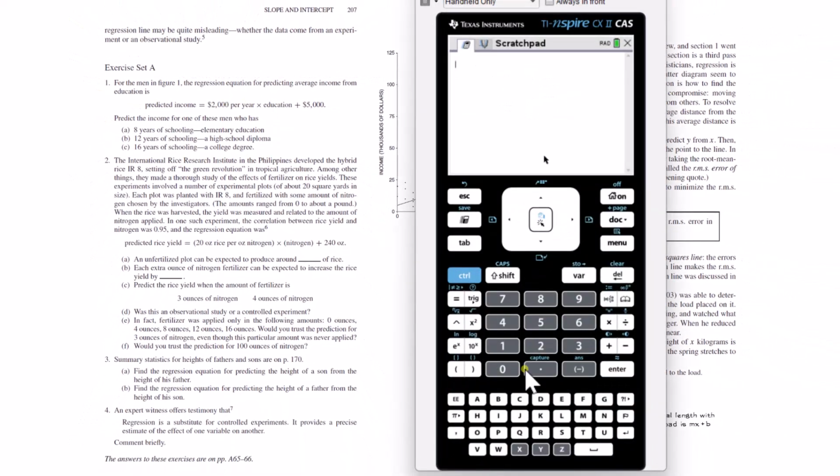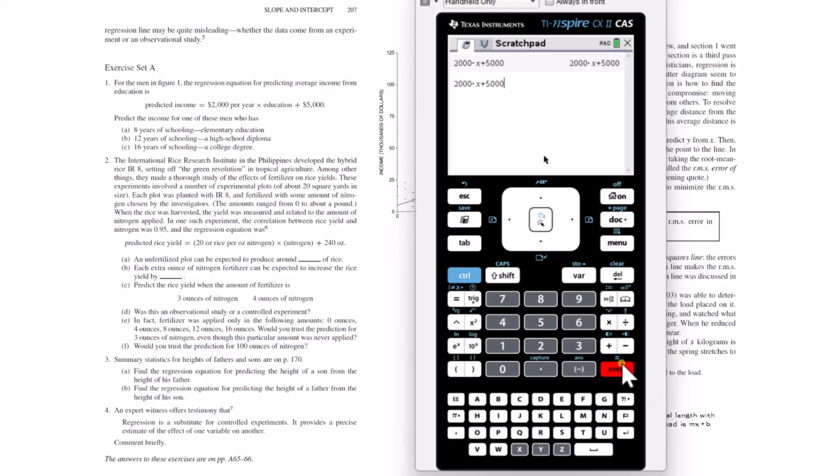All right, so we've got 2,000 times x plus 5,000.